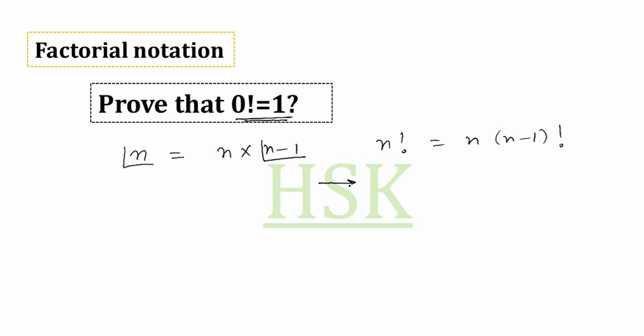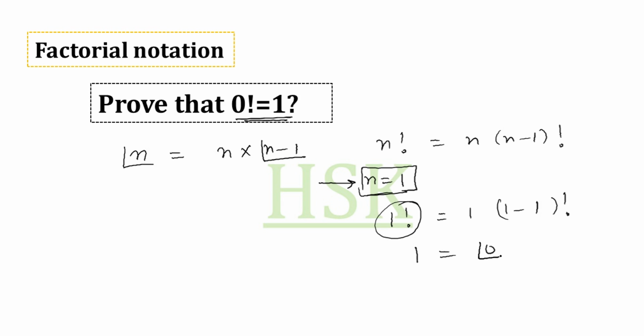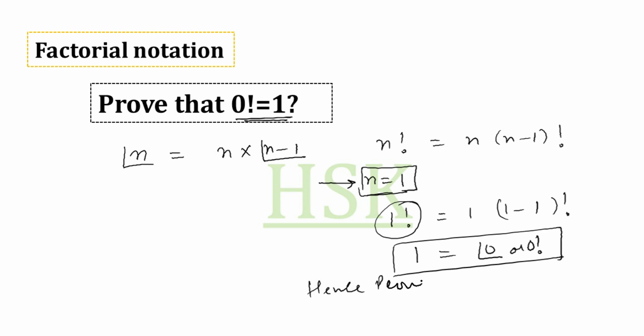Now in this, we substitute n equal to 1. So I get 1 factorial equal to 1 into 1 minus 1 factorial. 1 minus 1 is 0, and 1 factorial is equal to 1. So 1 is equal to 0 factorial. This proves that 0 factorial is equal to 1.